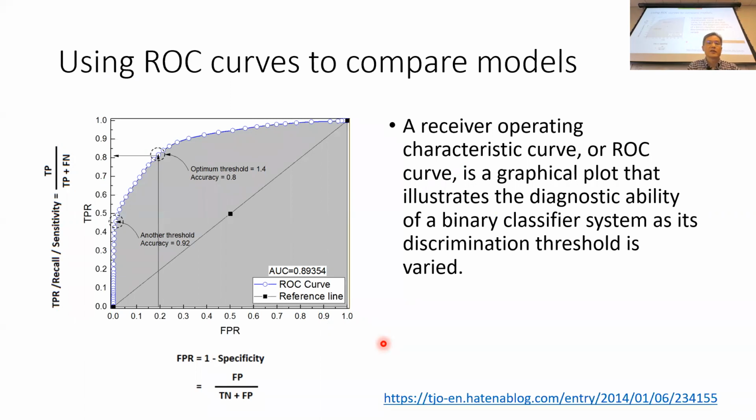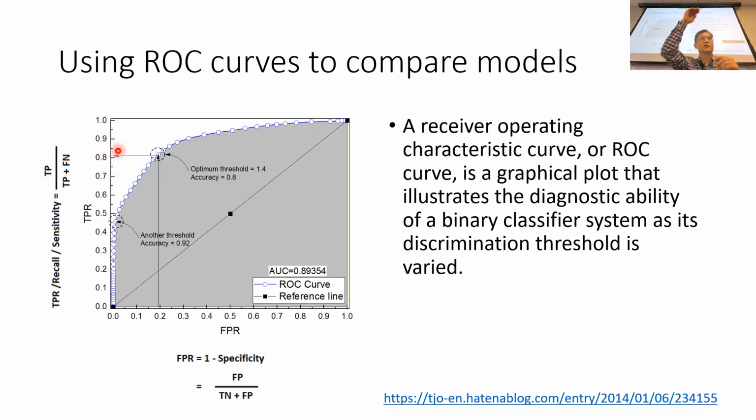So this is a 2D curve, and on your y-axis is the true positive rate. If you have a good classifier, you want the true positive rate to be as high as possible, so you have 80%, 90%.